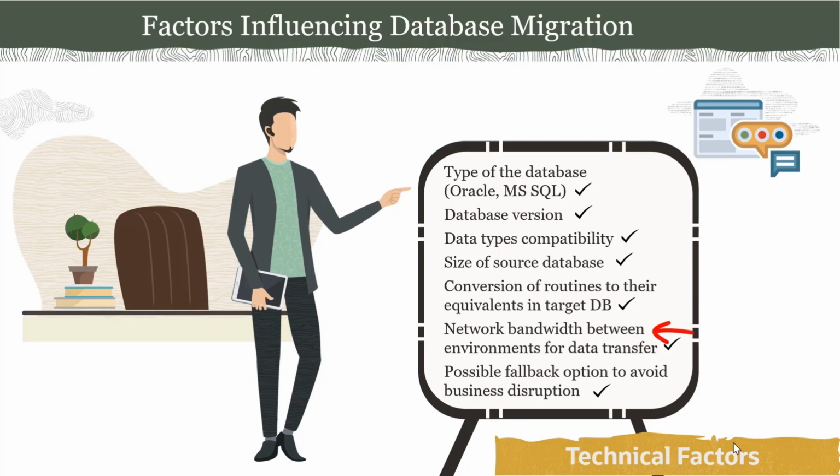You must also have good network bandwidth between your source and target database environments for faster file transfer. And more importantly, whenever you plan your database migration, make sure you have a well-tested fallback plan. Else, if the migration attempt fails, it may cause severe impact on your business due to unavailability.